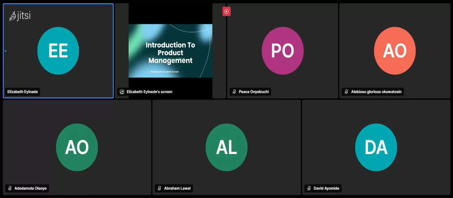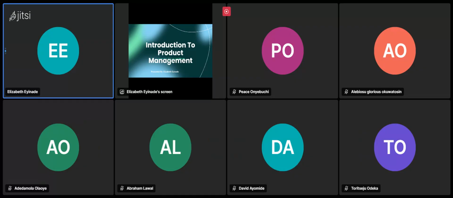So we looked at the different terms used: product owners, product managers, project managers, program managers. And the types of product managers that we have: the growth product manager, the technical product manager, and the core product manager. So those were basic things that we got to look at yesterday.